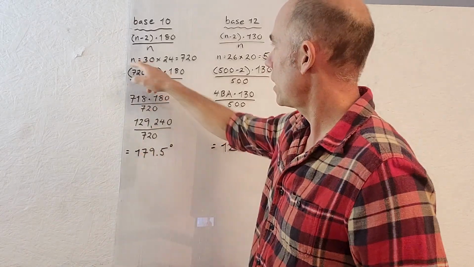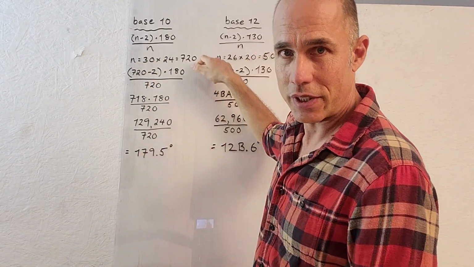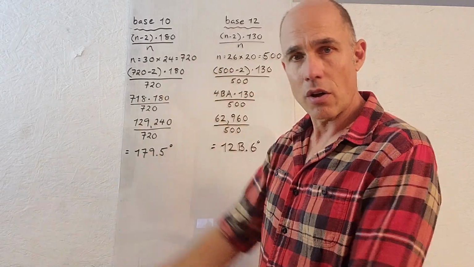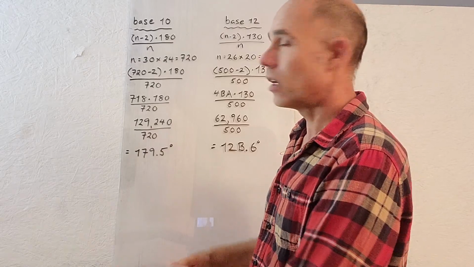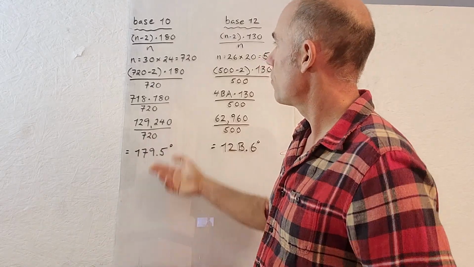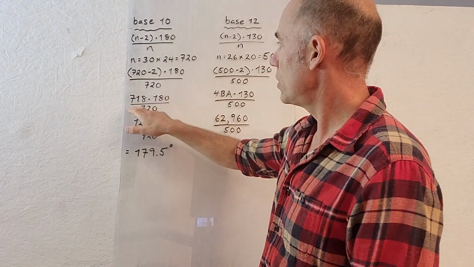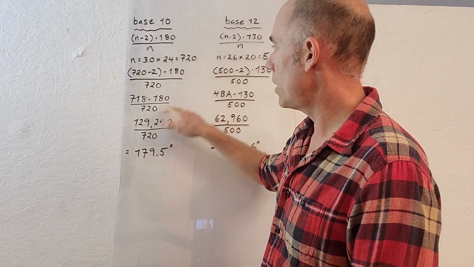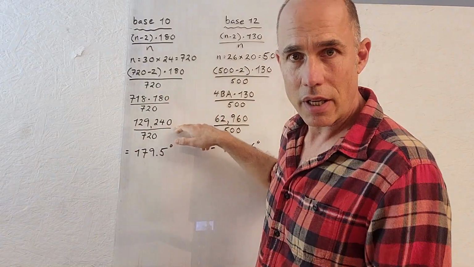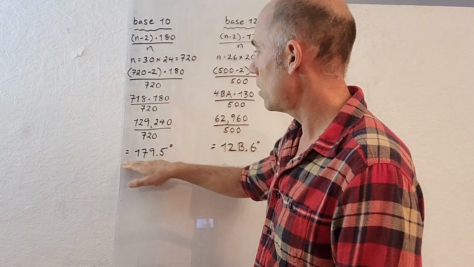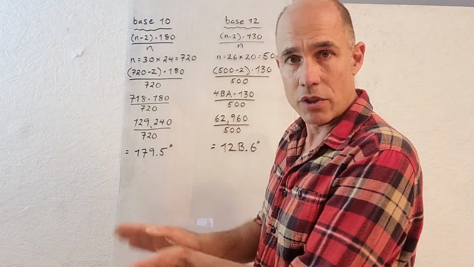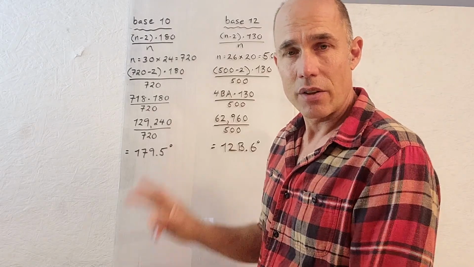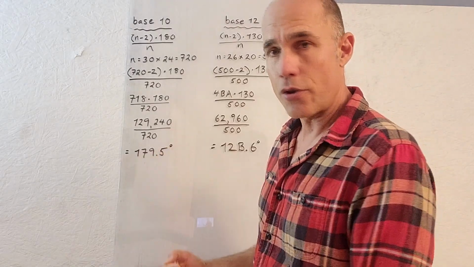We get 720 sides to the polygon that's created by the geometry of the 30th ring and the pattern that we've created so far. So 720 minus 2 is 718, multiplied by 180 is 129,240, divided by 720, we get 179.5. That's the angle inside the smaller circles at the 30th ring.